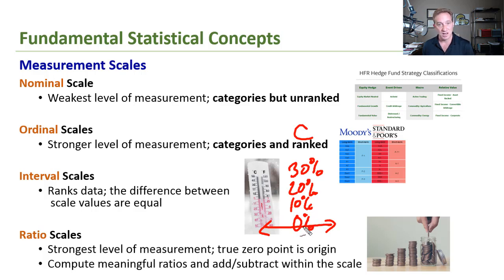Put another way, it's not actually the absence of temperature. So when the true 0 point is the origin, when the origin or 0 really does signify an absence of the quantity of the variable in question, in that case we can use ratios, and we have a ratio scale.